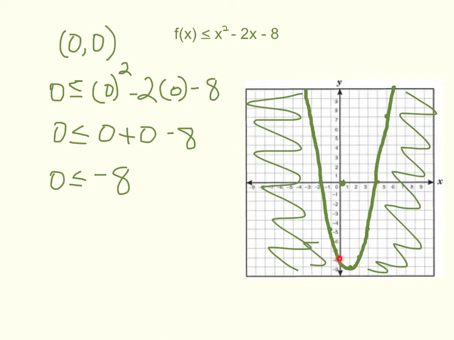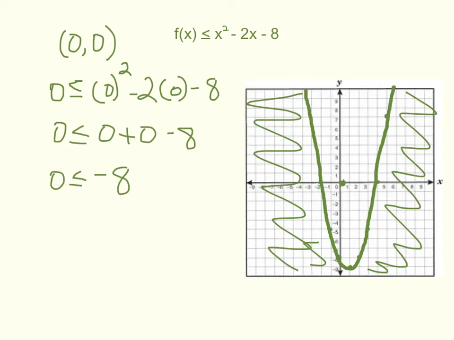So you put your pen or pencil on negative 8, and you look at the inequality sign. It says f of x, or y, is less than. If you're looking at less than, that would mean going down from the y-intercept. And if you go down from the y-intercept, that means you are shading below. Then if you continue that shading, it would mean you shade on the outside.